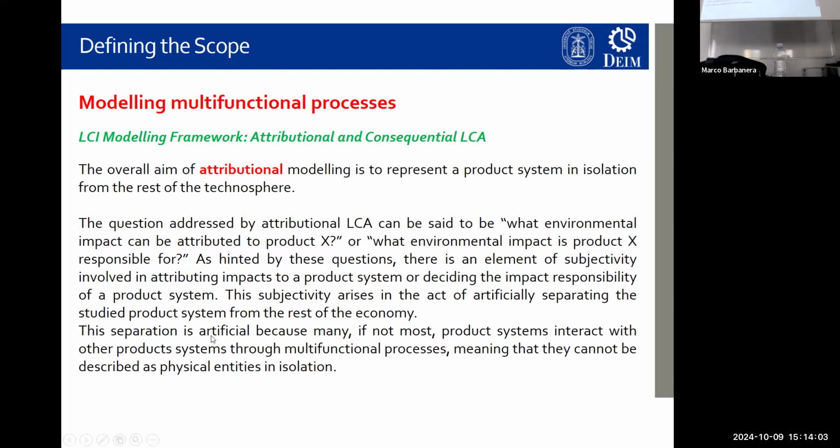this separation is artificial because many, if not most, product systems interact with other product systems through multifunctional processes, meaning that they cannot be described as physical entities in isolation.